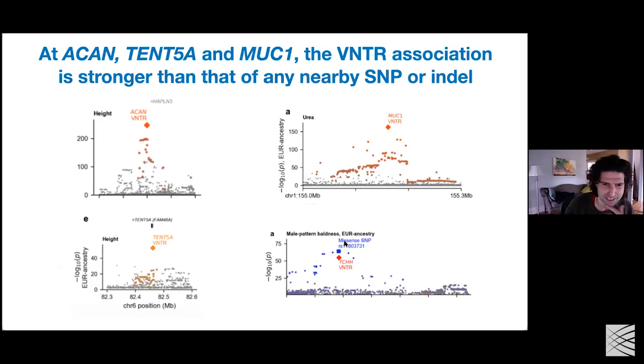We decided to impute the TCHH VNTR into a data set that had hair curl, namely Twins UK. We were hoping we'd get an eye-popping number like that for the VNTR as well. It turned out it was lower than the missense SNP, but still, after conditioning on the missense SNP, the strongest association in the genome with hair curl.